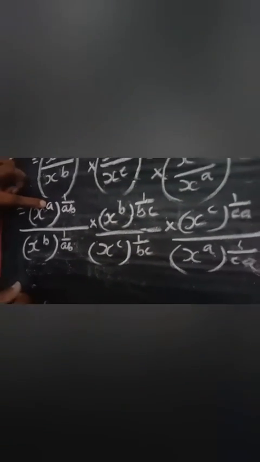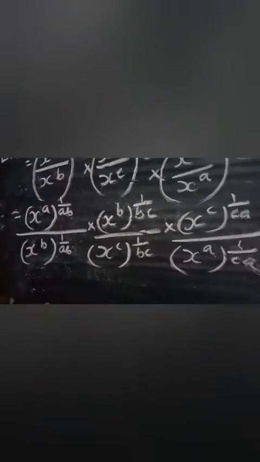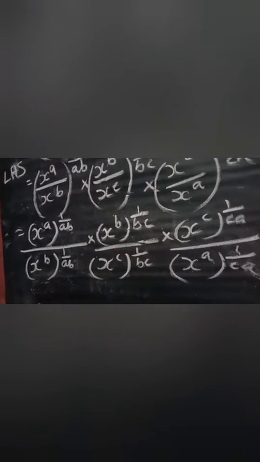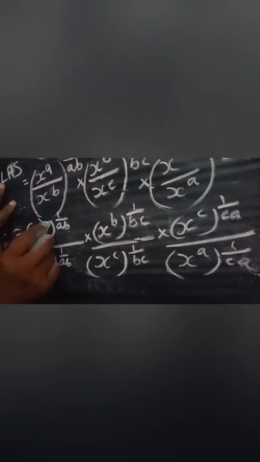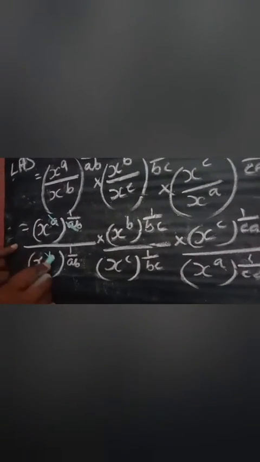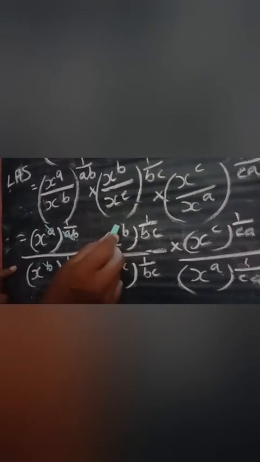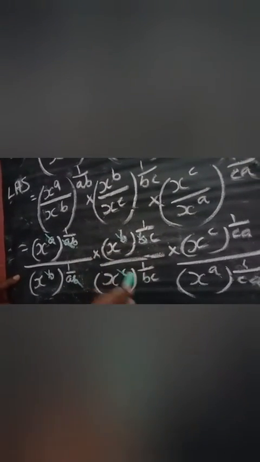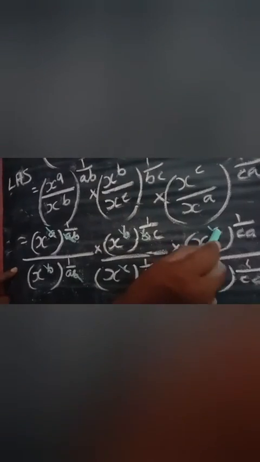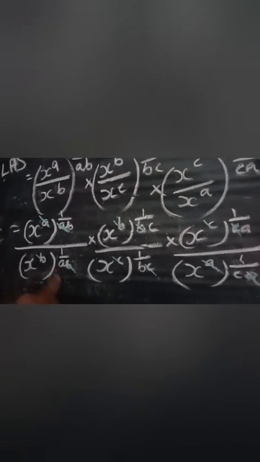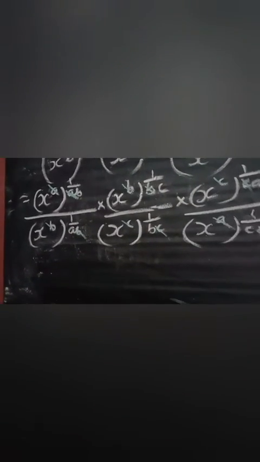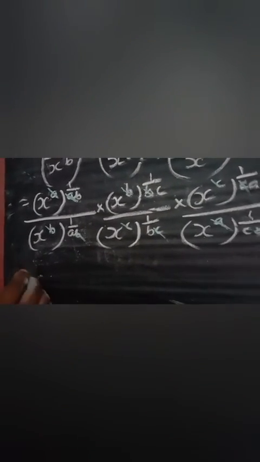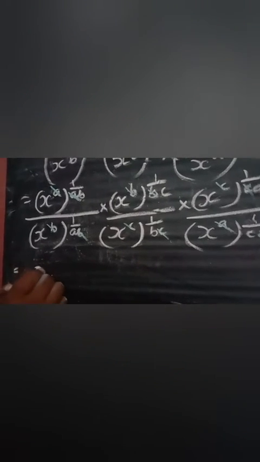Okay, 1 by ca. Here the power is in the numerator and this one is in the denominator, you know. Some terms we can cancel. A gets cancelled. Here B gets cancelled. Same way B C, here C A. This is a numerator and this is a denominator, power. That's why. Now equal to the remaining terms.